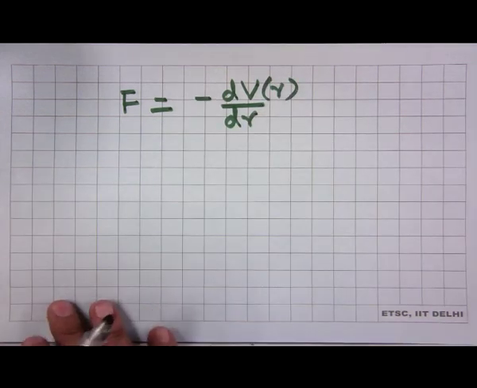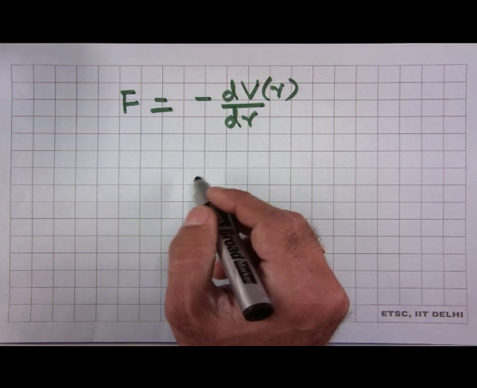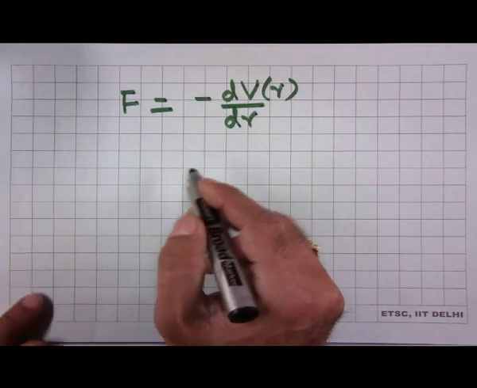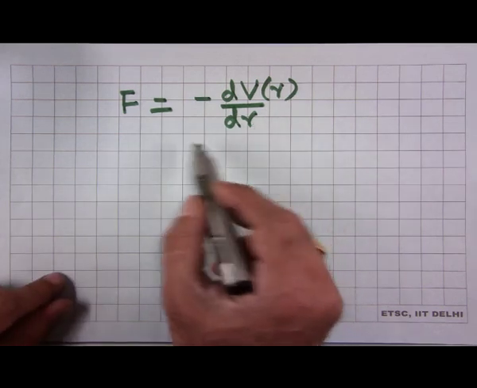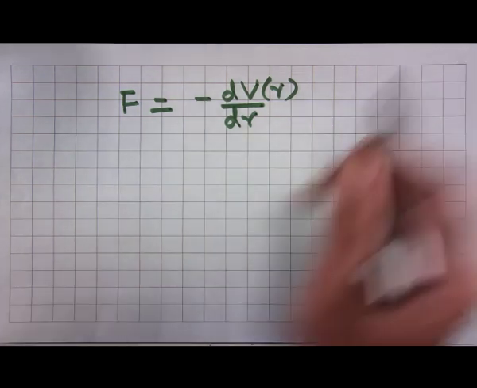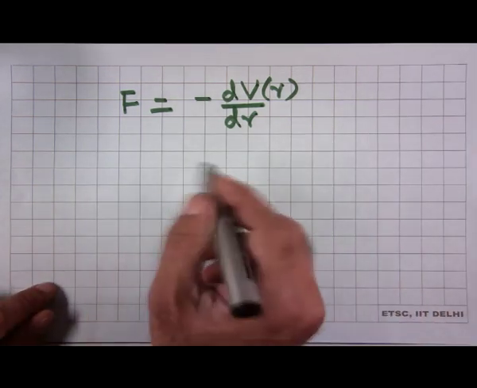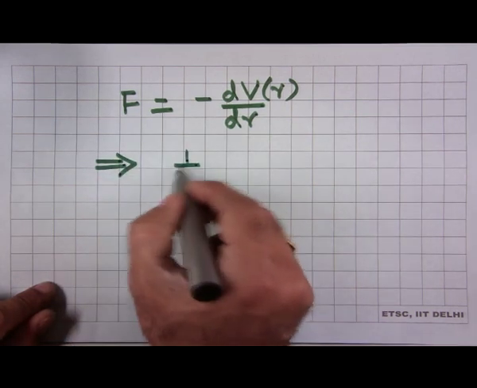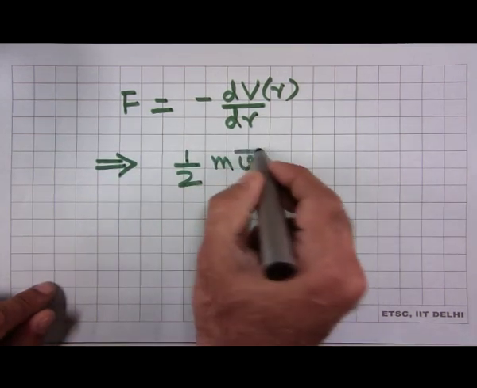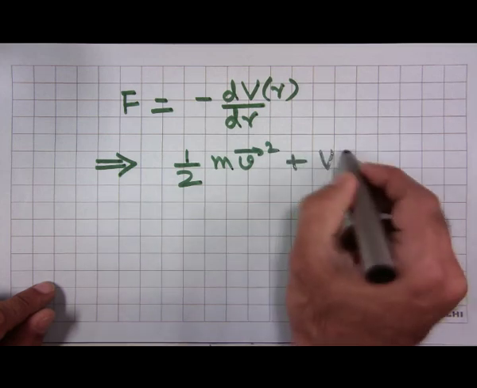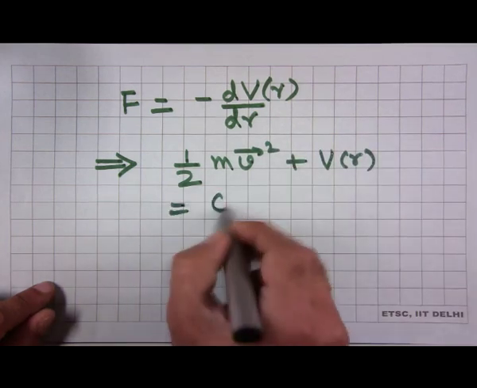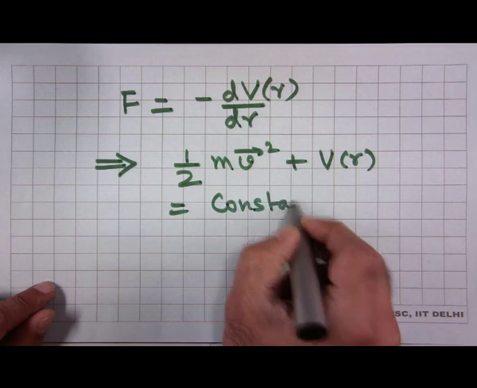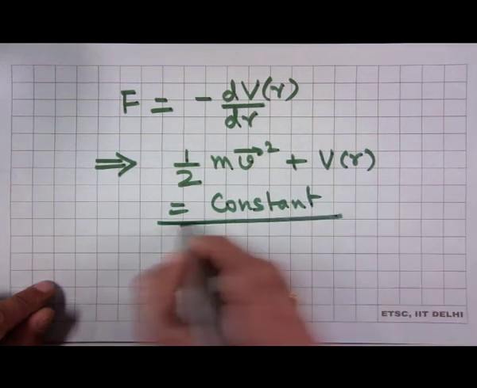Derivative of a potential with respect to r, that is what we are going to write. So in doing this, I am assuming that the force depends only on the mutual separation. I will come to that later. So in which case, we get the condition that half mv squared plus V of r equal to constant. And this is the statement of conservation of energy.